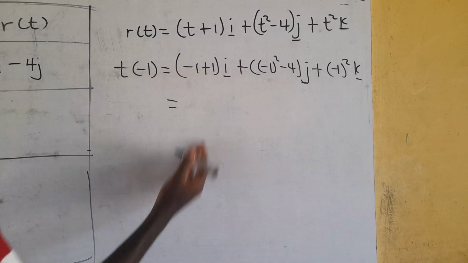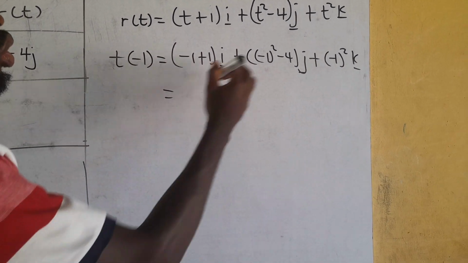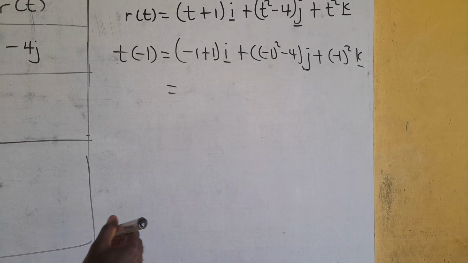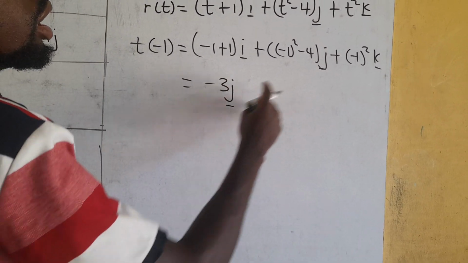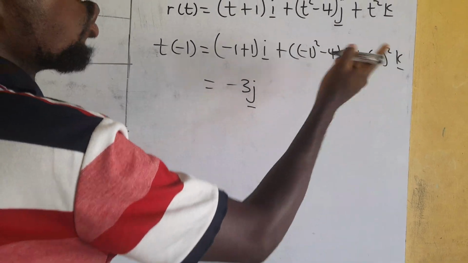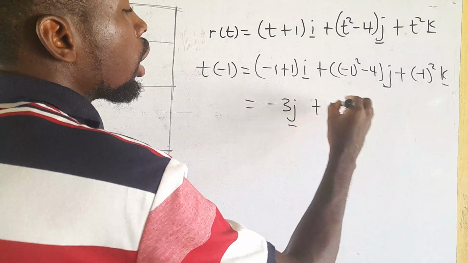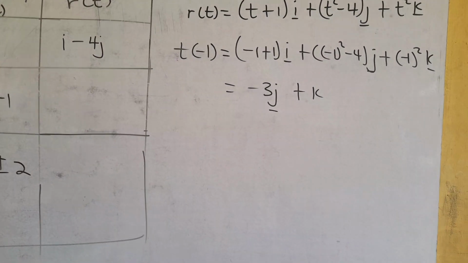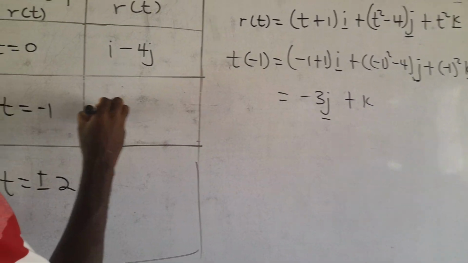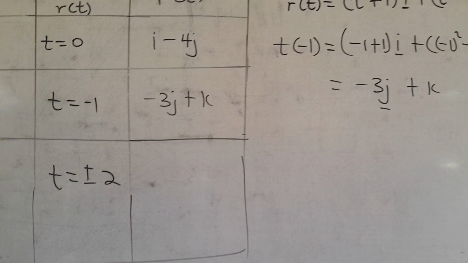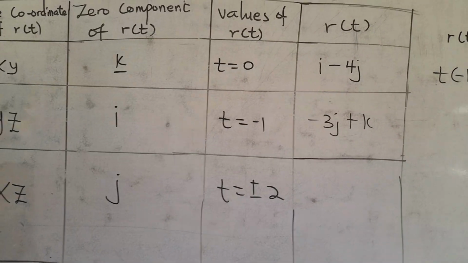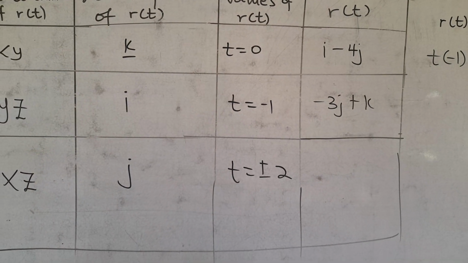So negative 1 plus 1 is 0 times i will still be 0. Negative 1 squared is 1 minus 4 will be negative 3 in the j direction. Then negative 1 squared is 1 times k, that will be k. Then the vector in the coordinate plane when t is equal to negative 1 will be negative 3j plus k. This may emphasize that the i component of the vector value function will cease to exist.